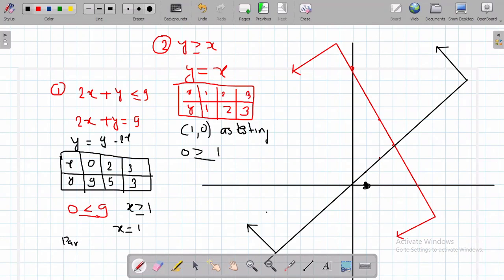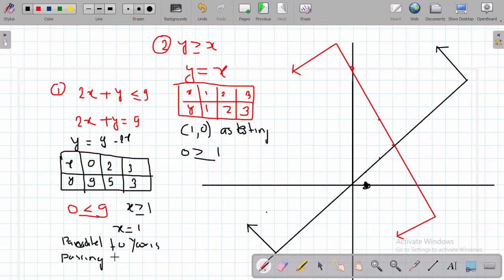Parallel to the y-axis, and passing through (1, 0). Okay, because x is 1, so passing through (1, 0), and parallel to the y-axis.